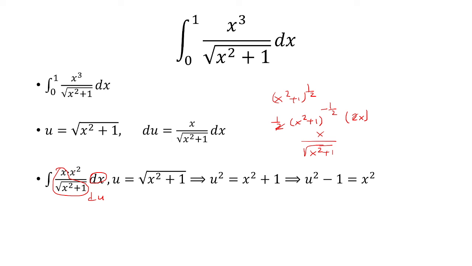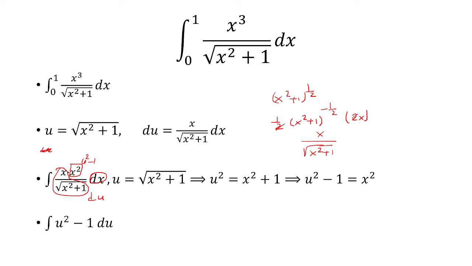So now I need to find x squared in terms of u. Well, if I square both sides, over here I get u squared equals x squared plus 1 using this u substitution. So if I subtract 1 from both sides, I get u squared minus 1 is x squared. So now x squared will just be replaced with u squared minus 1.